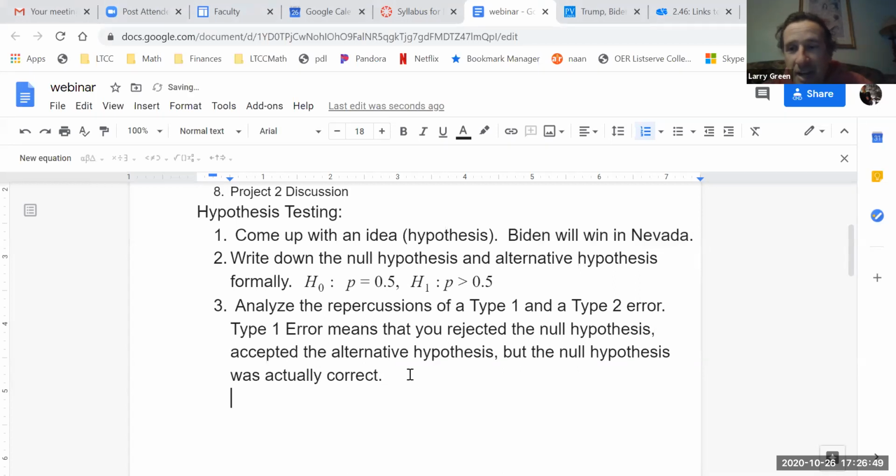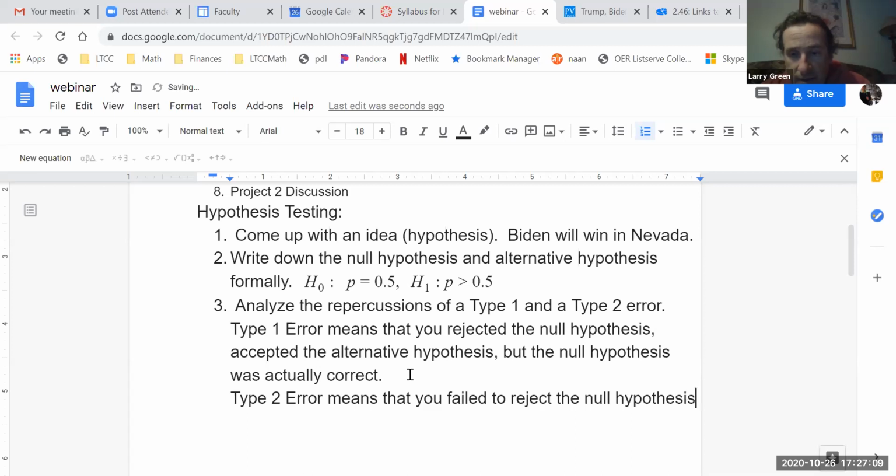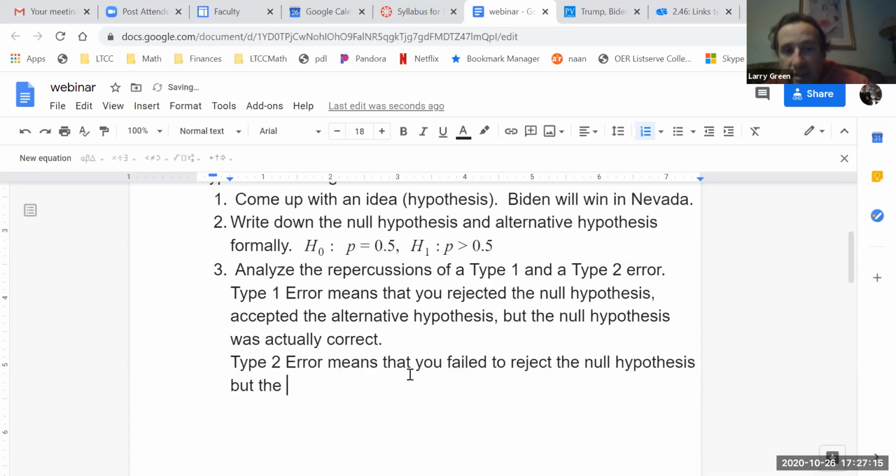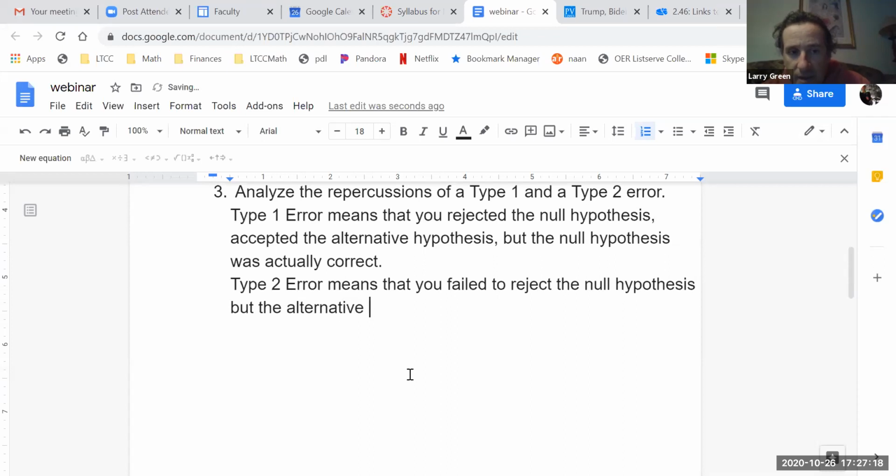Okay, but then there's a type 2 error. So type 2 error means that you failed to reject the null hypothesis, but the alternative hypothesis really was true. Okay, so I want to mention something that's really important.